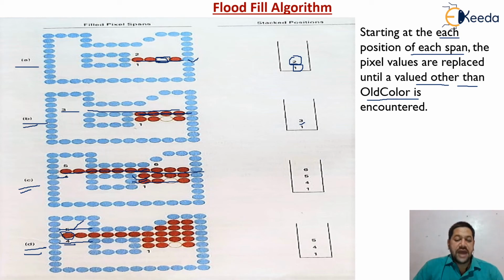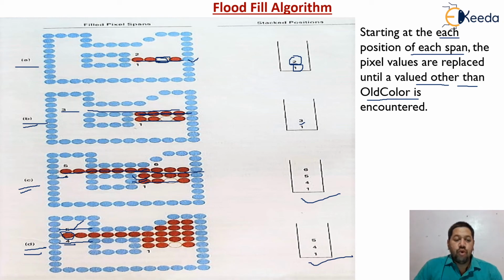So to reduce this stack requirement, I'm not inserting all the neighboring pixels, rather I'm going to insert the horizontal span line. On that particular span I may have 4 pixels, 10 pixels, 100 pixels, so instead of 10 or 100 pixels I just insert that this is my horizontal span number 1 or 2 or 3, 4, 5. So the number of values inserted in my stack will be reduced.